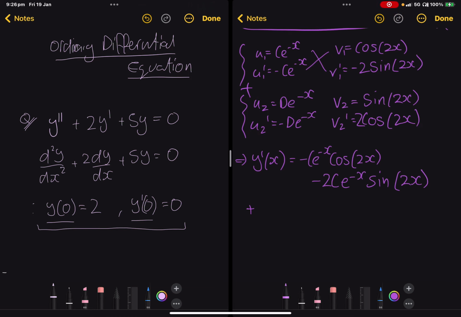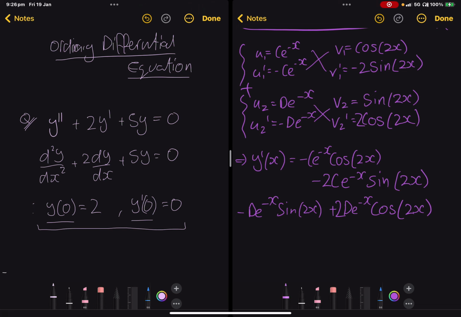So this will be plus u2 prime times v2 plus u2 times v2 prime. So this will not be a plus here, it'll actually be a minus d e to the minus x sine of 2x, and then a plus d e to the minus x times 2 times cosine of 2x. And this is our first derivative.